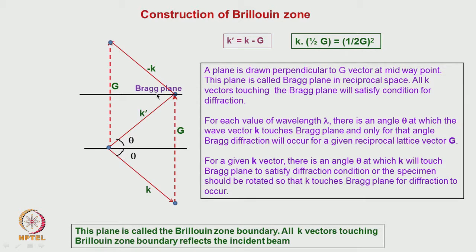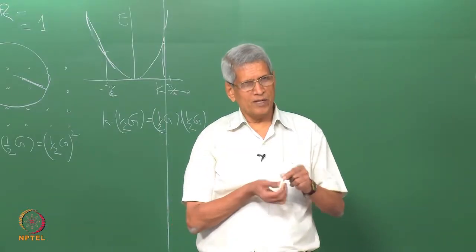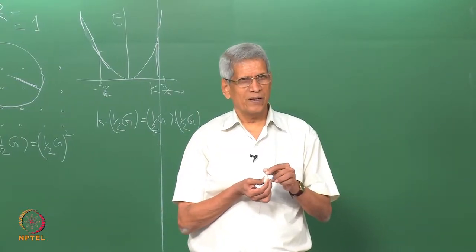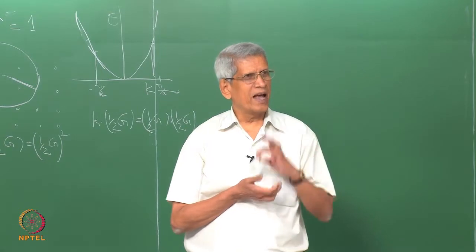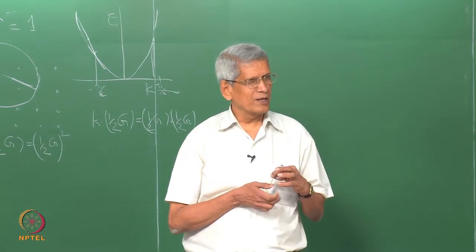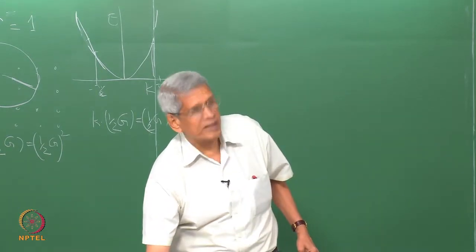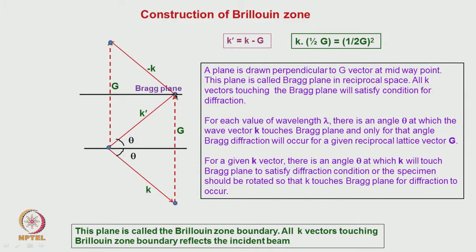To satisfy the Bragg diffraction, if the beam energy is fixed, you rotate the beam so that with respect to the sample surface the angle theta is satisfied, so that the scattered vector touches the Bragg plane. So this plane is called the Bragg plane. This we have drawn with respect to the origin for one vector. So this is another way of looking at the diffraction.